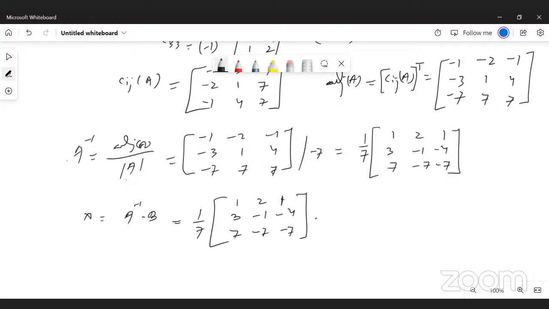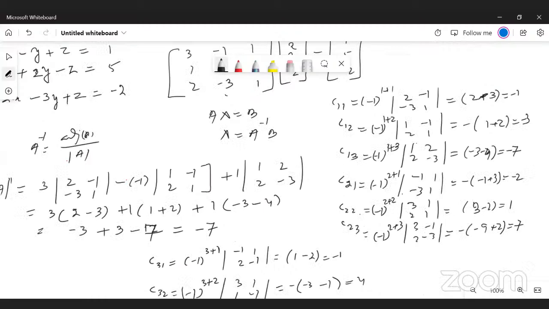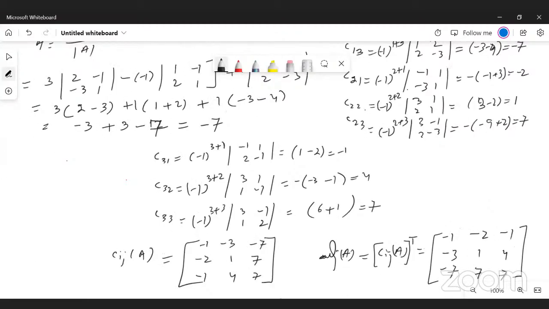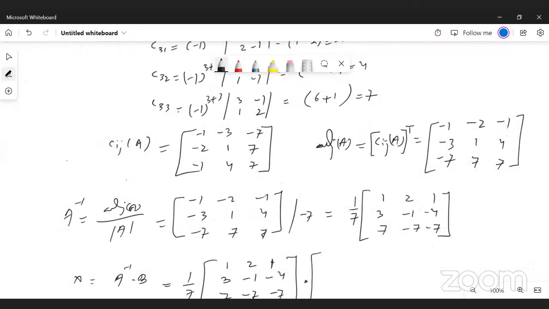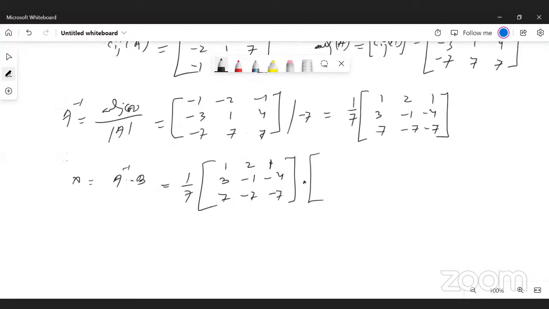We multiply by b. The outcome of b is 1, 5, -2. So it is 1 5 minus 2. Multiplying, we keep 1/7. The first row is 1 into 1 plus 2 into 5 is 10 plus the third term, with b as 1 5 minus 2.